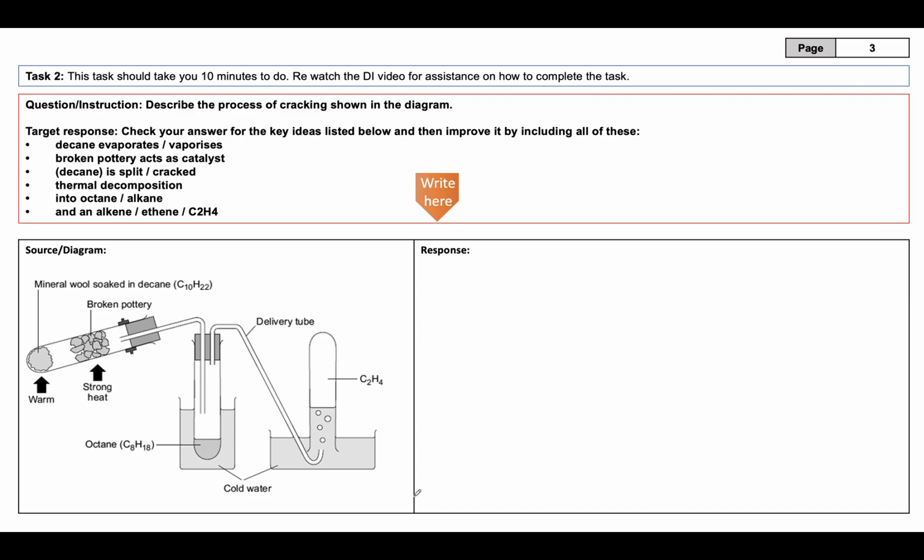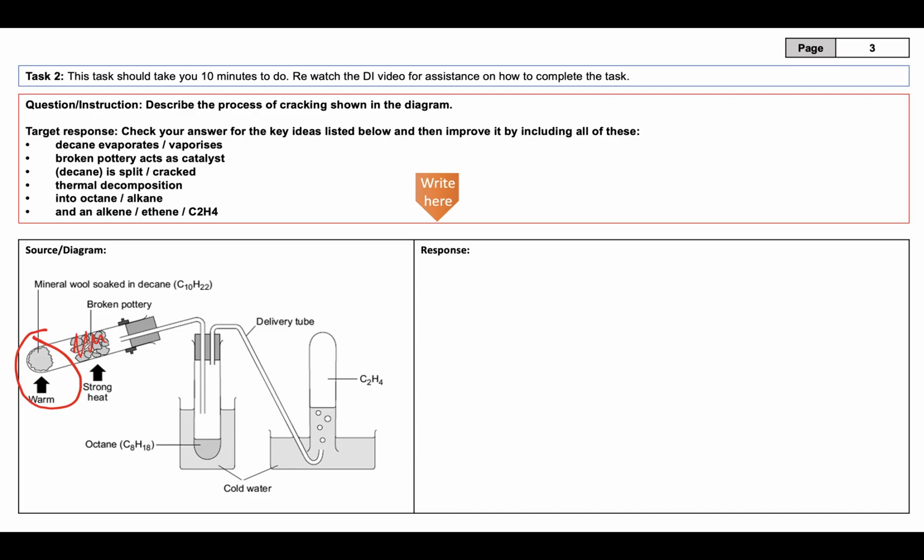We need to talk about the fact that the decane, which is the alkane in the boiling tube at the start, so we would heat that up. We need to say that it's going to evaporate, it's going to reach a high temperature, and it's going to pass over this broken pottery, and this broken pottery is going to act as our catalyst.